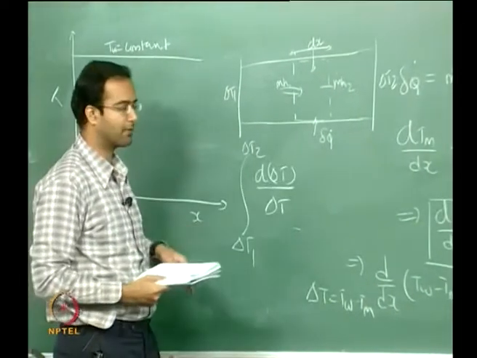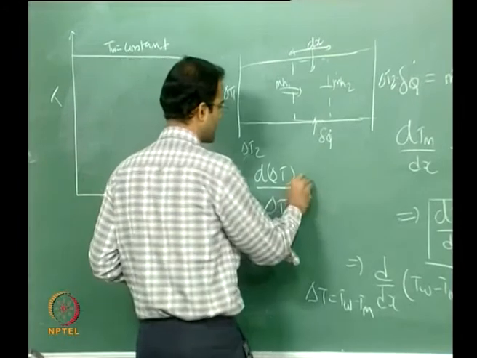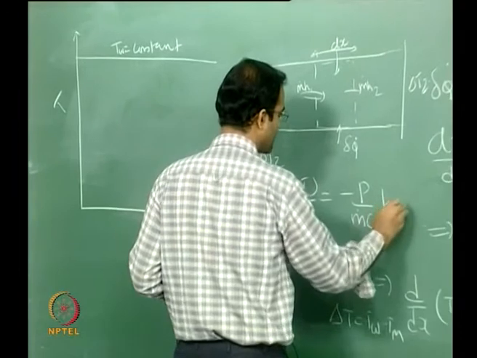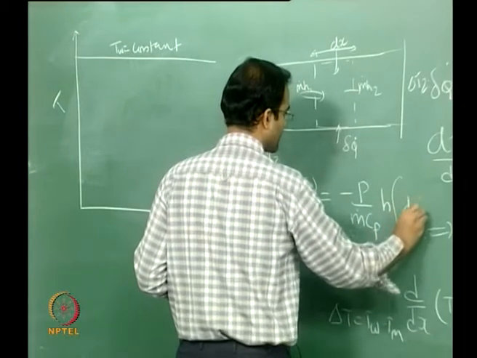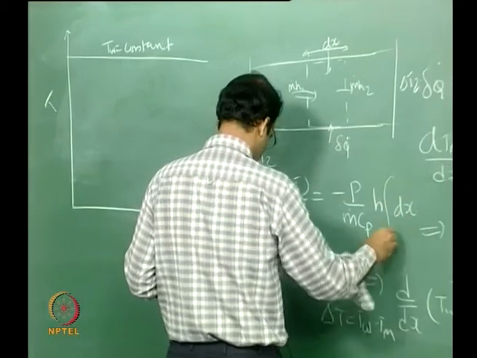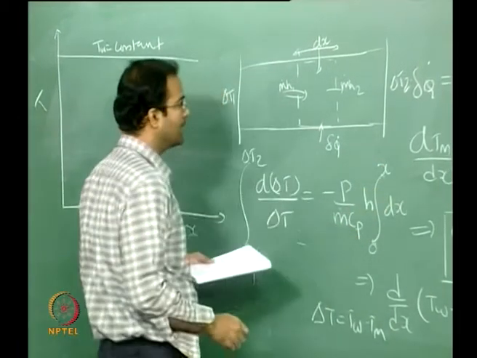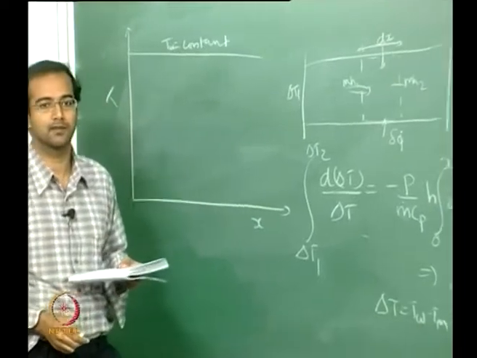Once I have an equation for this temperature difference, T wall minus T mean, I can simply integrate it from the inlet to the outlet, so that this should be equal to minus P by m dot Cp into h dx. This I integrate from 0 to your entire length, or whichever location you want to find the appropriate temperature difference.